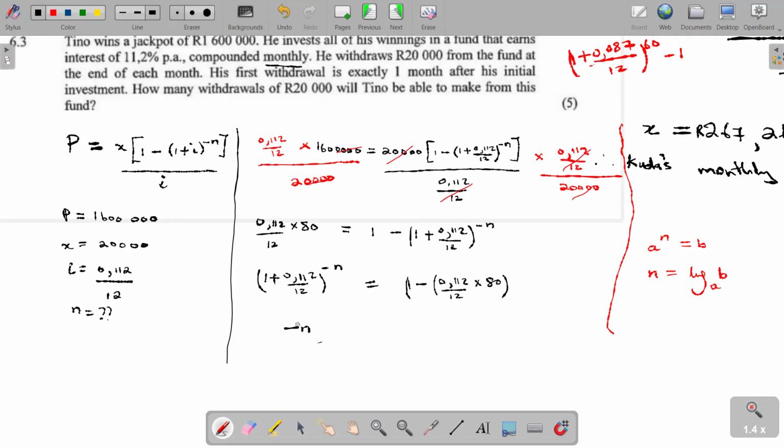So here it's going to be negative n equal to log. Our base is going to be 1 plus 0.112 over 12.